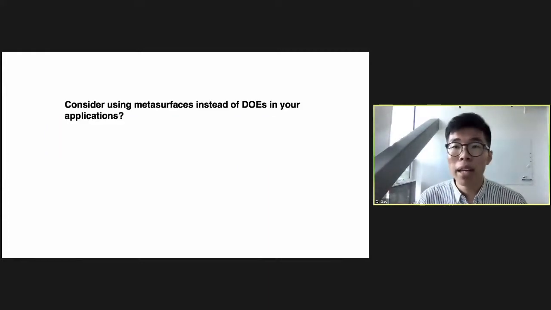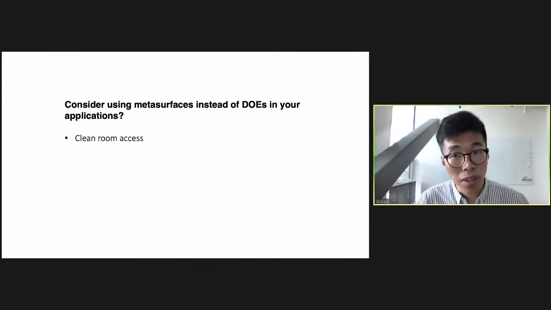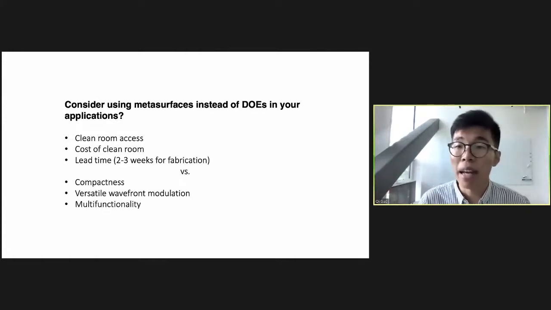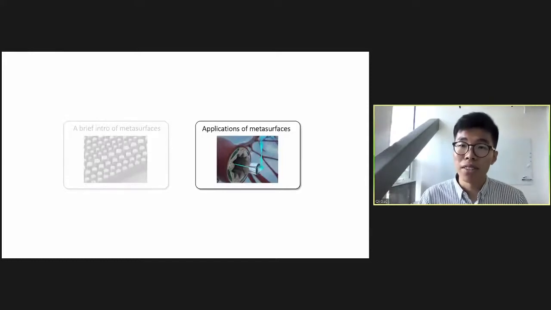So, if you plan to use metasurfaces in your prototype, several things that you need to consider are whether you and your collaborators have access to clean room facilities, the cost of the clean room, the lead time, and whether your application will benefit from these advantages of metasurfaces. Now let's talk about applications of metasurfaces.